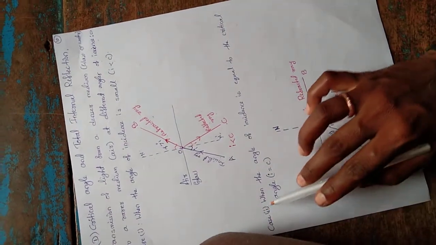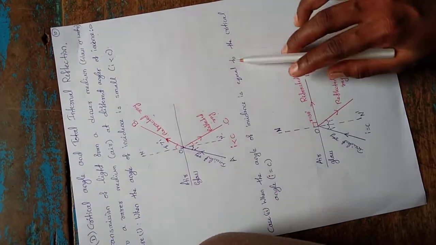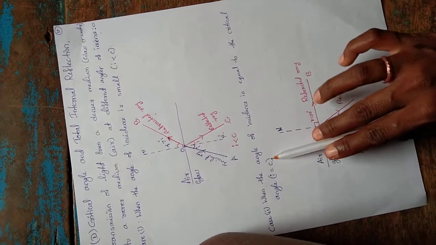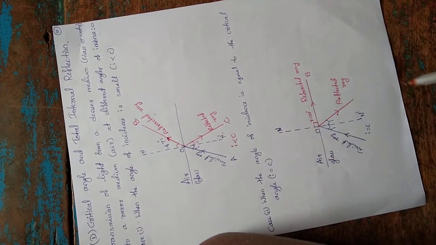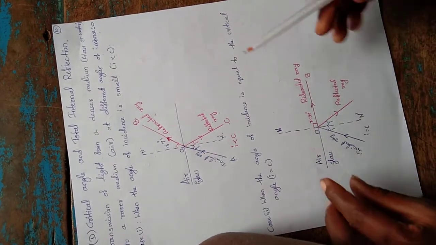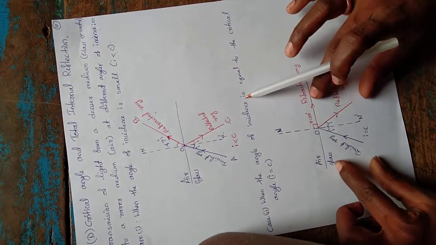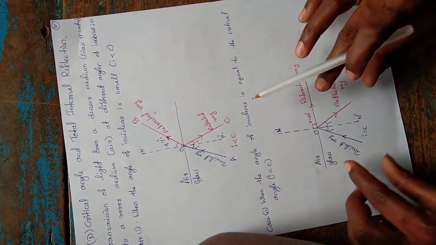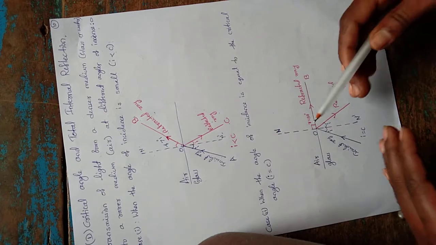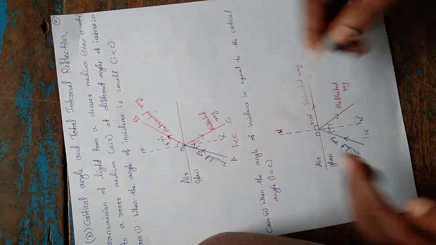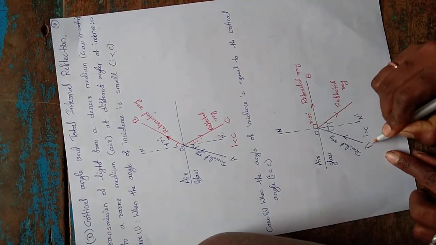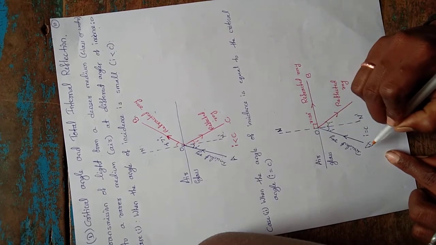Next, case 2. When the angle of incidence is equal to the critical angle, i is equal to C. Same condition: rarer medium air and denser medium glass. We are passing a ray of light from denser medium to rarer medium. Take AO as the incident ray.